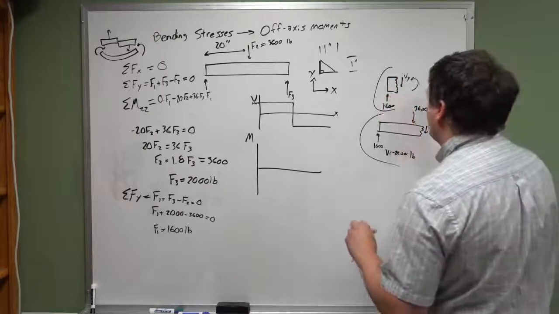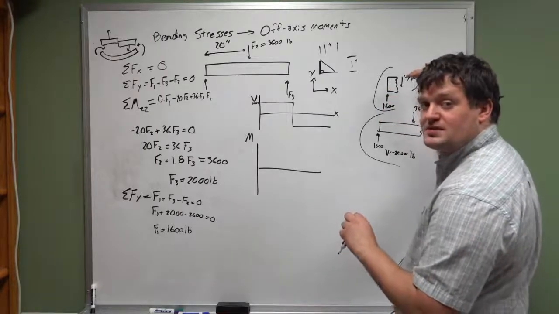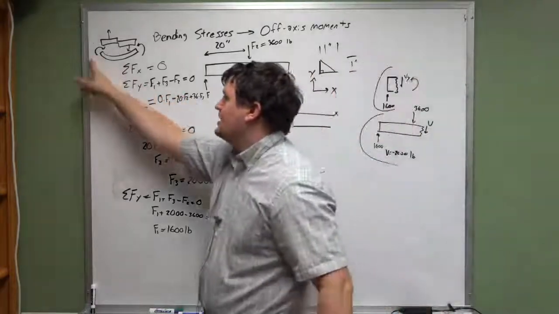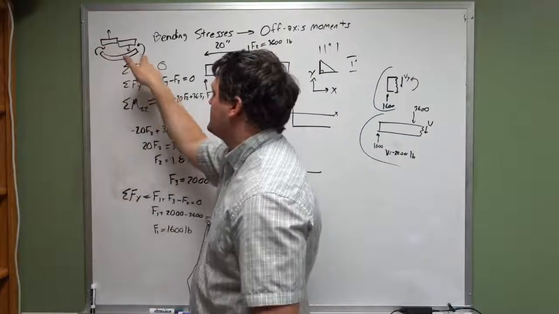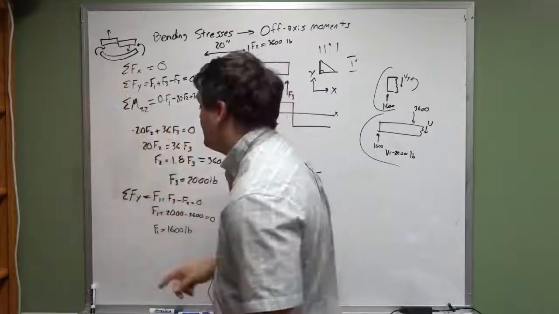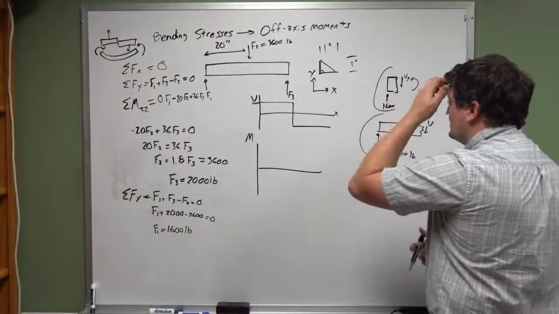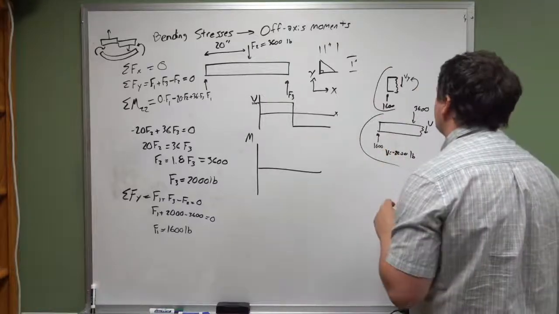So in order to counteract that, I have to apply a positive moment here, so it's a negative moment on this side and a positive moment on this side. This is positive bending.